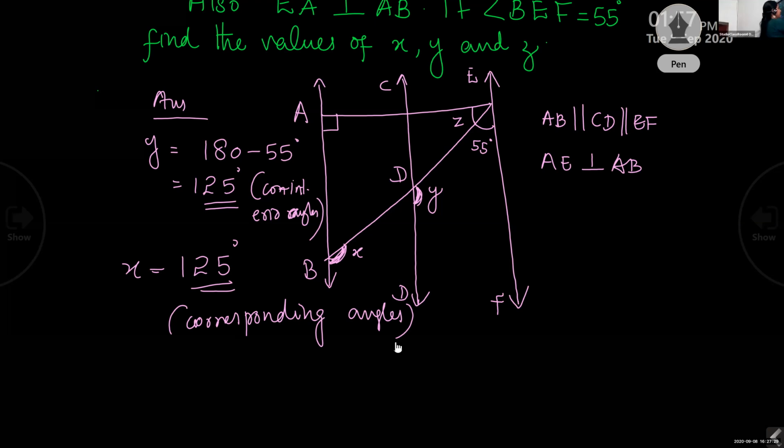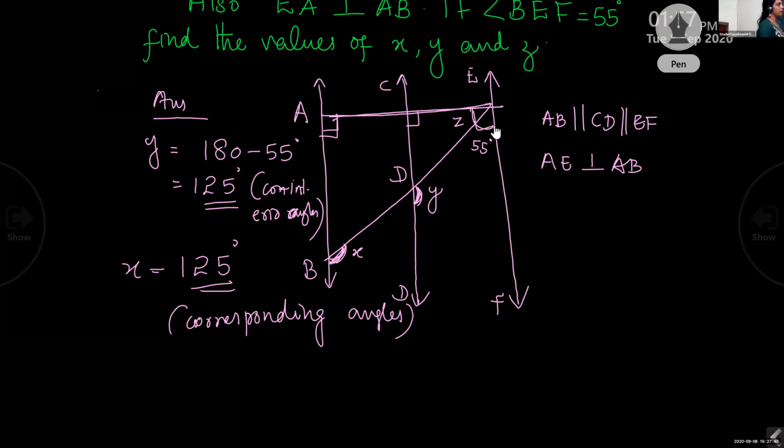Okay, children. This line AE is perpendicular. Since all these lines are parallel, AE is perpendicular to AB, but AB is parallel to CD and parallel to EF. That means AE is perpendicular to all these lines.